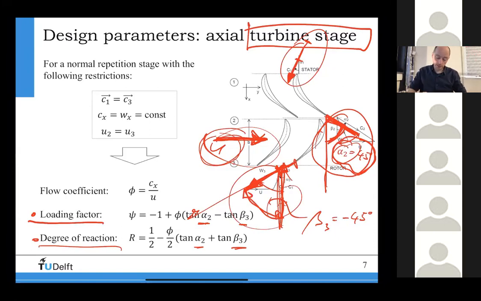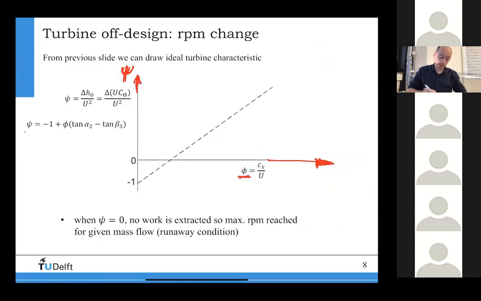So if you say that you have designed a stage where alpha 2 is 45 and beta 3 is minus 45, then of course what will this be? 1 minus minus 1, and you get a flow coefficient that basically is 2, right?